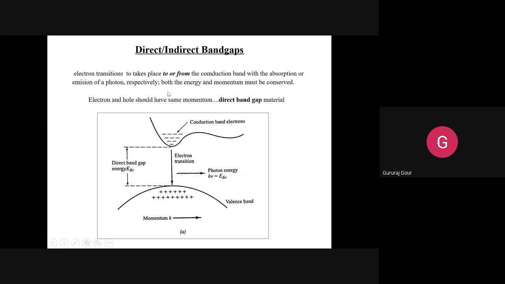Now the electron transitions occur from the valence band to the conduction band with the absorption, and from the conduction band to the valence band with the emission of photon, respectively. The statement is very important, guys. An electron moves from valence to conduction band if it absorbs some energy and jumps.